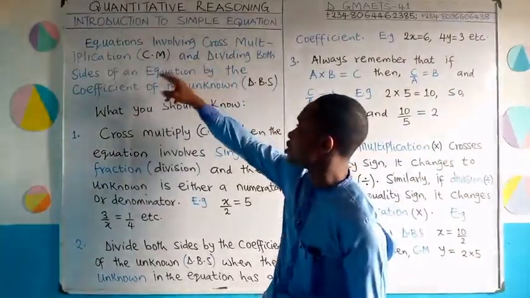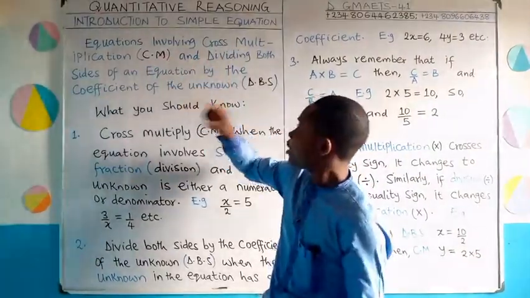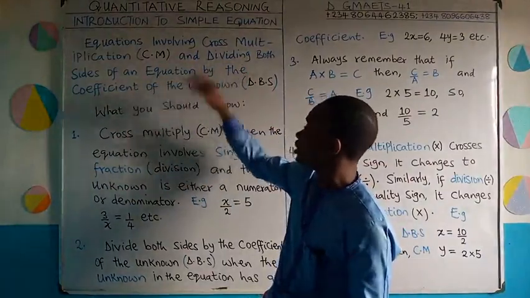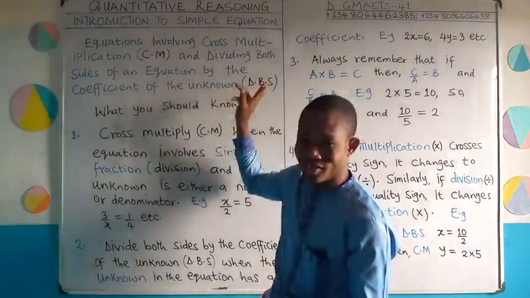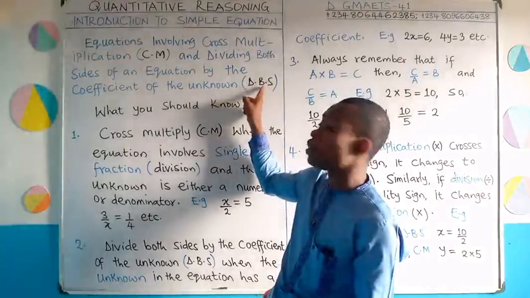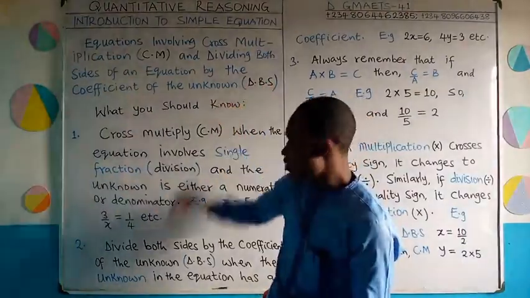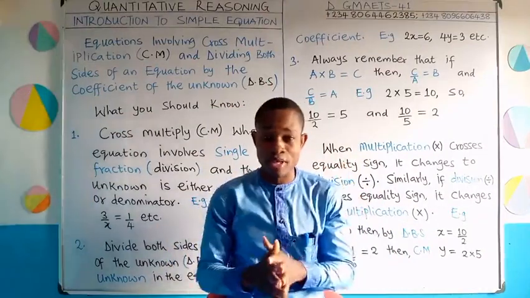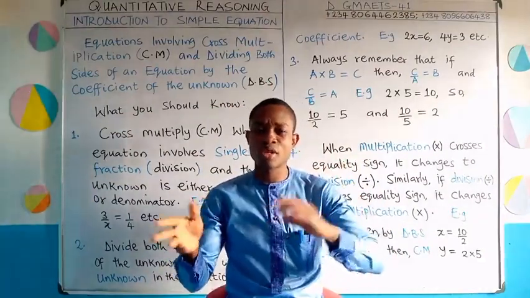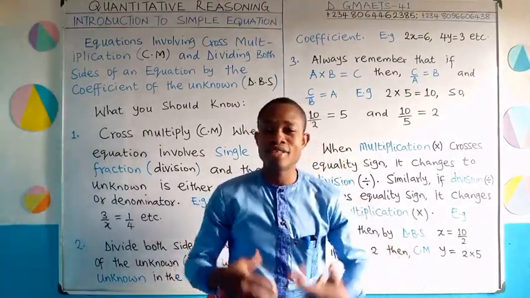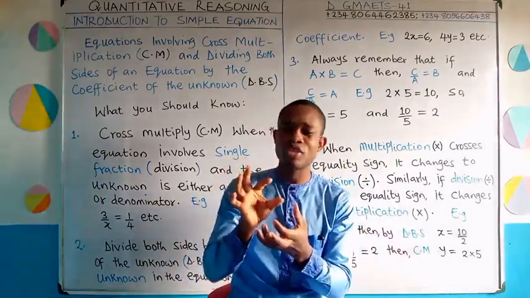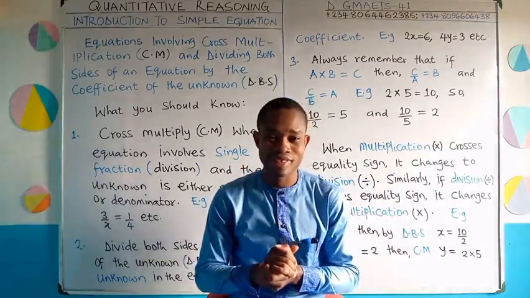Equations involving cross multiplication, that is CM, and also equations involving dividing both sides of an equation by the coefficient of the unknown, DBS. Divide both sides. One good thing about today's topic is the relationship between cross multiplication and dividing both sides of an equation by the coefficient of the unknown.